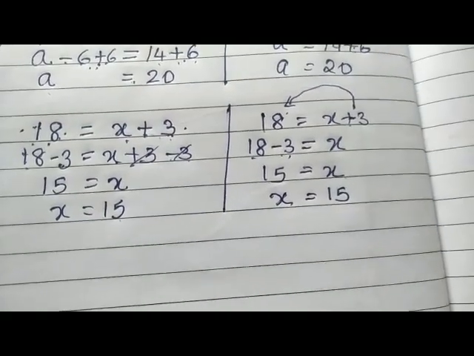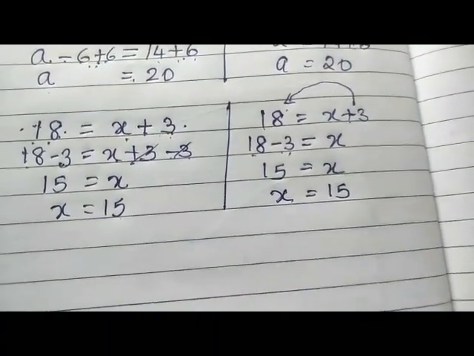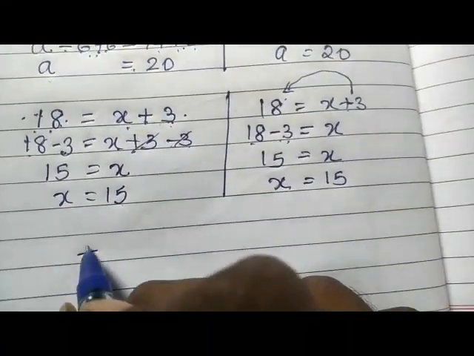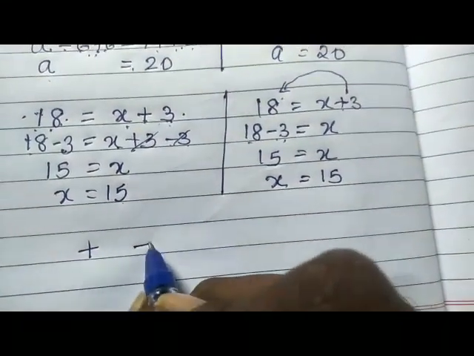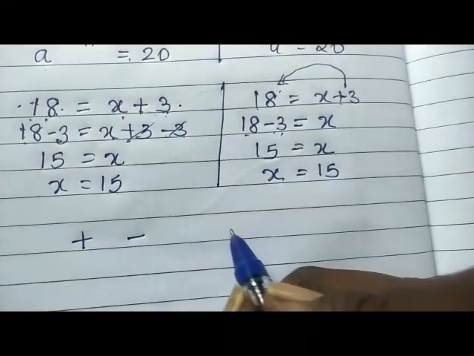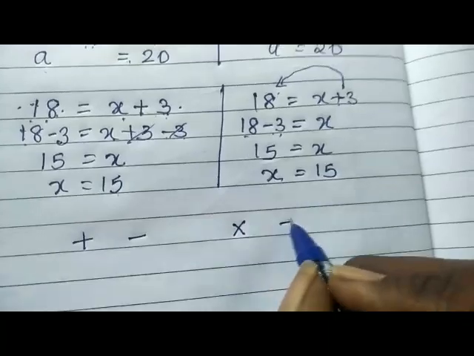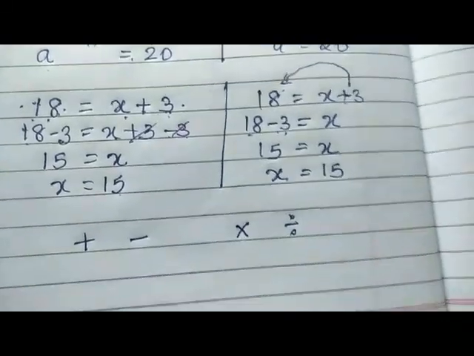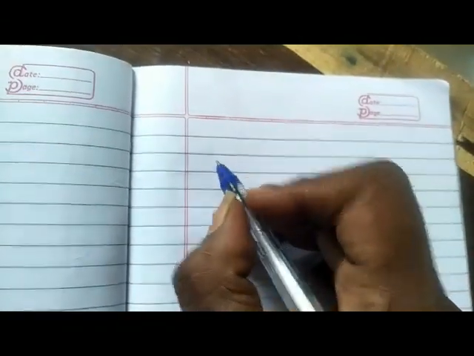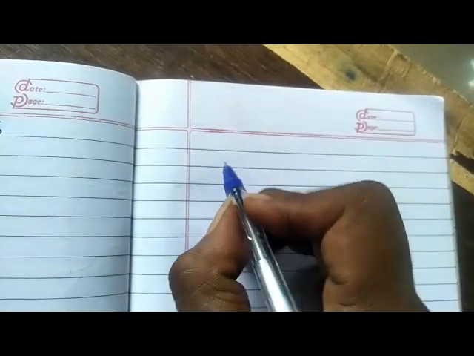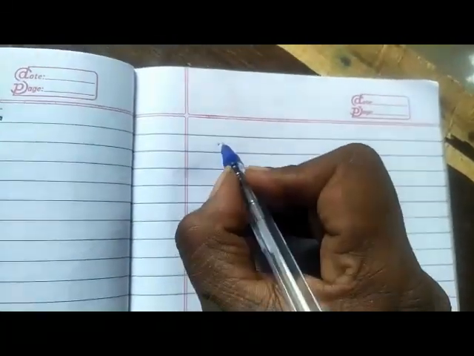Now we will do the second part. Now we have completed the plus sign and minus sign. Now we will do multiplication and division signs. Let us start with the multiplication sign.